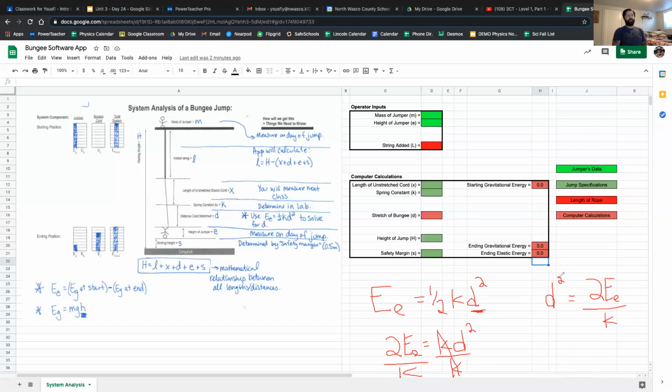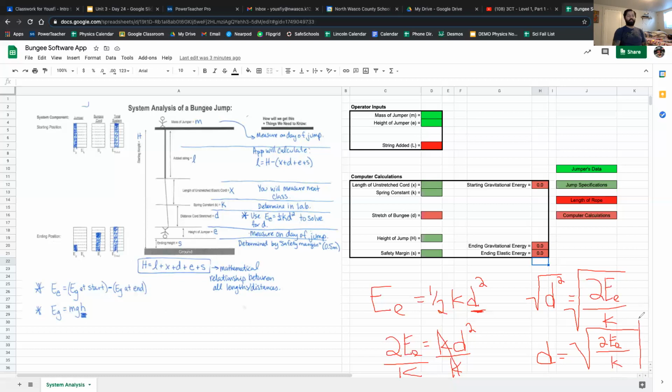Now I have this squared up top. I need to unsquare it. And to unsquare something, you have to square root. And whatever you square root on one side, you got to square root the whole thing on the other. So in the end, the distance stretch is going to be this big square root of 2 times the elastic potential energy divided by K.